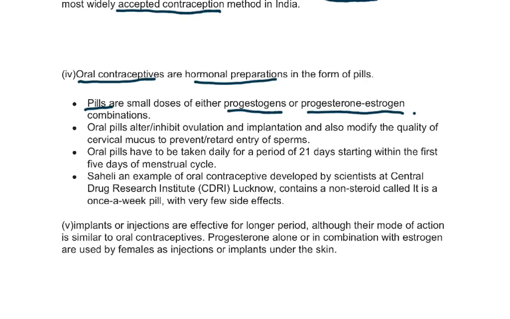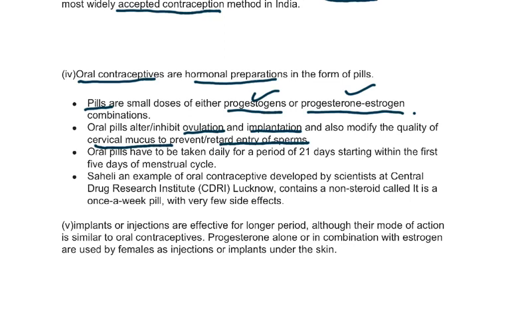So they either contain a single hormone or a combination of hormones. They prevent ovulation and implantation, and they also help in modifying the cervical mucus. Thus, the sperms cannot move up to the fallopian tube or their movement up to the fallopian tube is retarded. Thus, the sperms become non-viable, reducing fertilization.